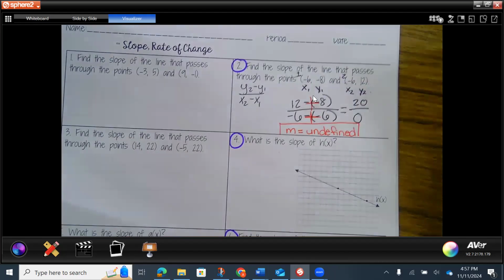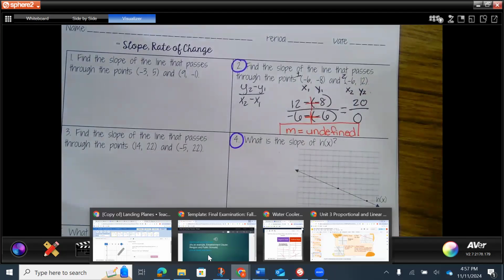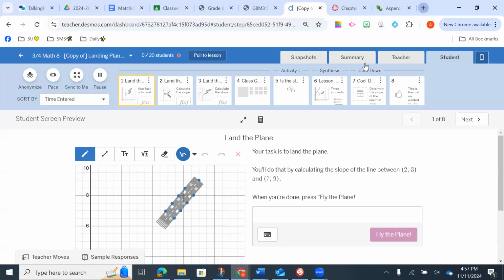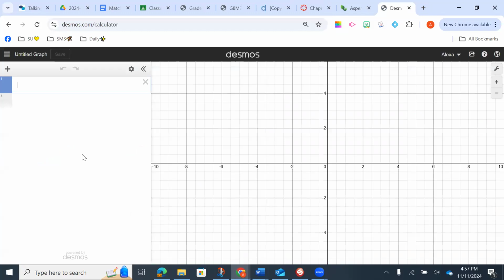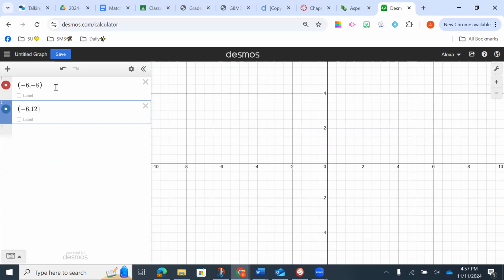And I'm going to show you what happens if I put these 2 points onto a Desmos graph. So I open my graphing calculator. I put the points -6, -8 on here. And I do -6, 12 on here.